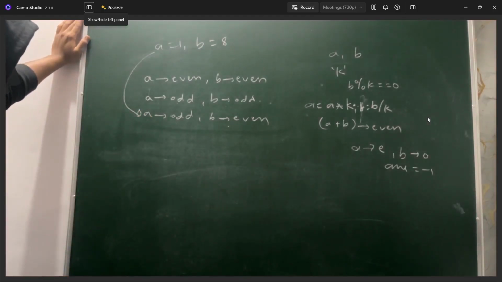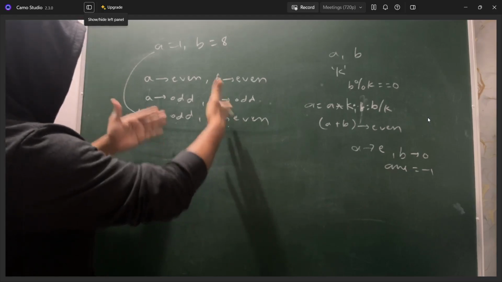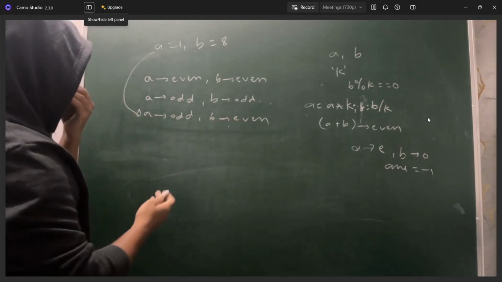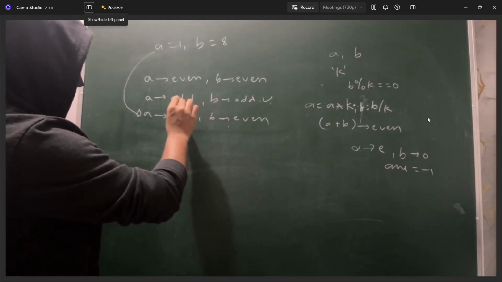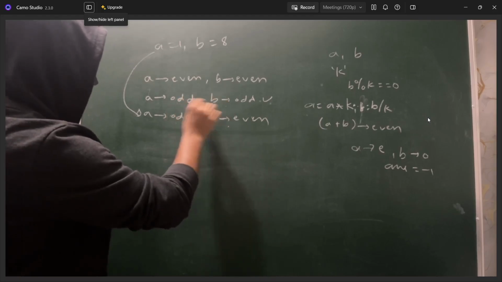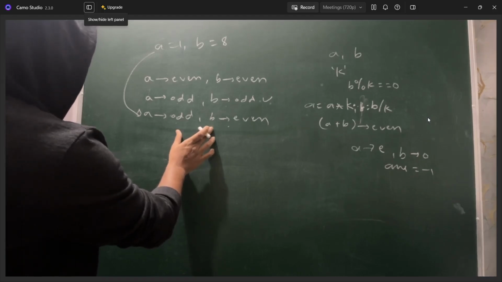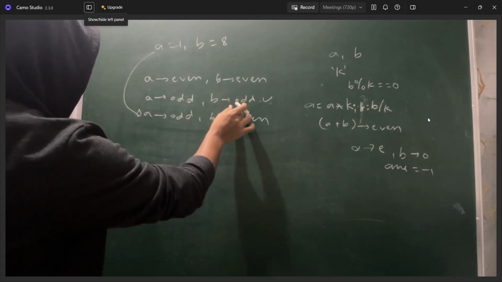Now you'll have to understand: whenever a is odd and b is even, whatever initial sum you take will always be odd, because odd plus even is always odd. If you take the case odd plus odd, the sum is even.